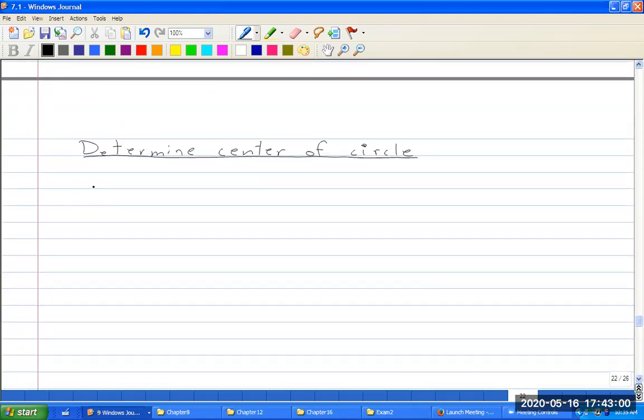Okay, so to find the center of my circle, I want to find the midpoint, which is just the sum of the x coordinates divided by 2, the sum of the y coordinates divided by 2.